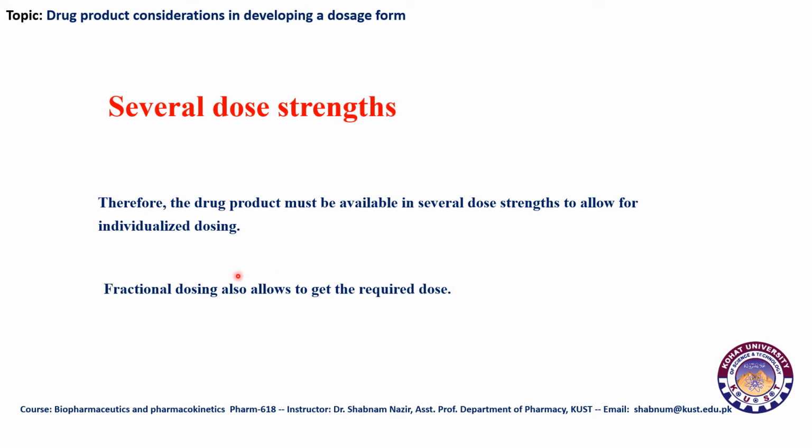Usually the product is designed in such a way from the manufacturer side that there are break points, and a fraction of the dose can be separated from a certain product, according to the individual need of the patient.